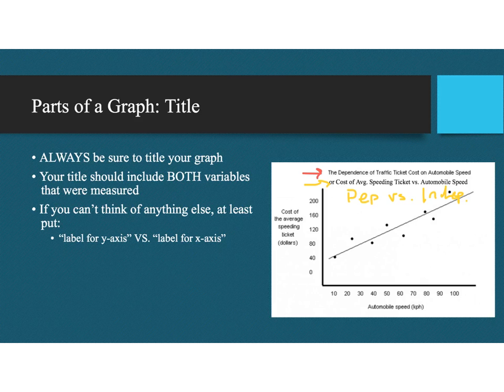That's the order it goes in. So in fact, that's what this last one says. If you can't think of anything fancy, cutesy, whatever, then just do plain old y-axis versus x-axis. Dependent variable versus independent variable, and you'll get credit for that every time.